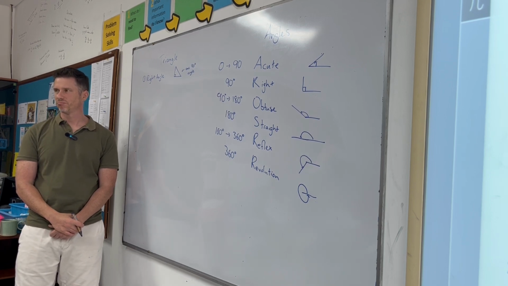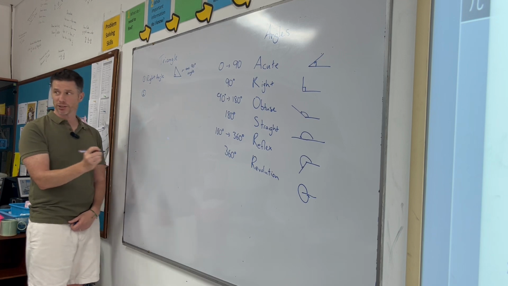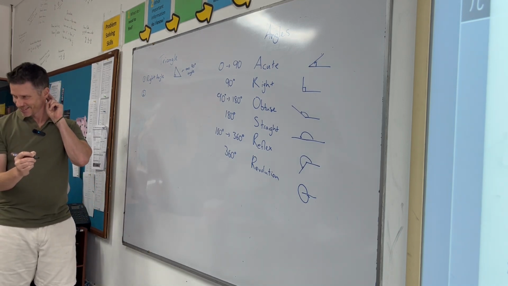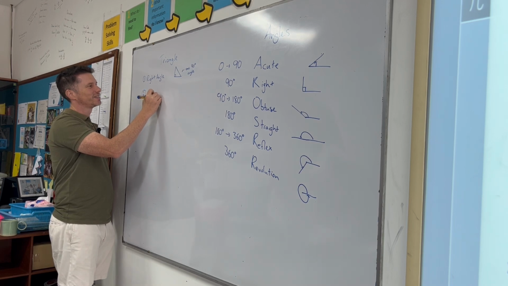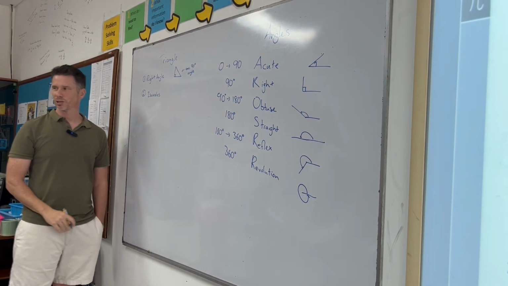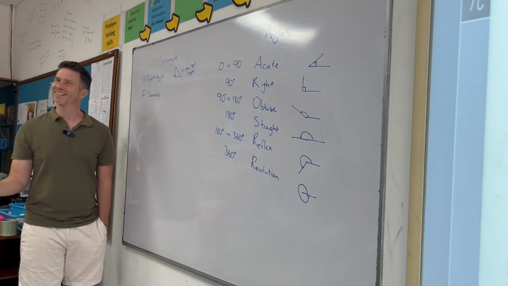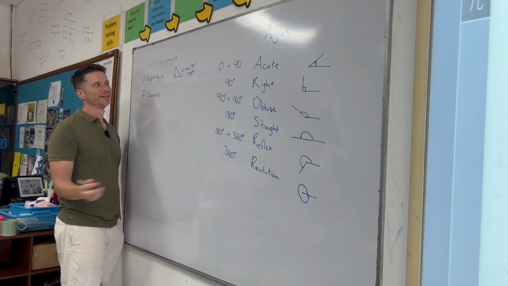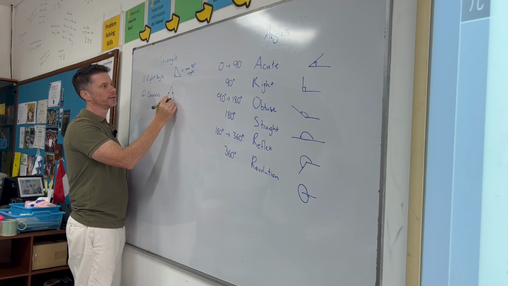Another type? Isosceles. Oh, look at him go. You know how to spell isosceles? Isosceles triangle. What's special about an isosceles triangle? It's got a cool name. There are 2 equal sides and 2 equal angles.